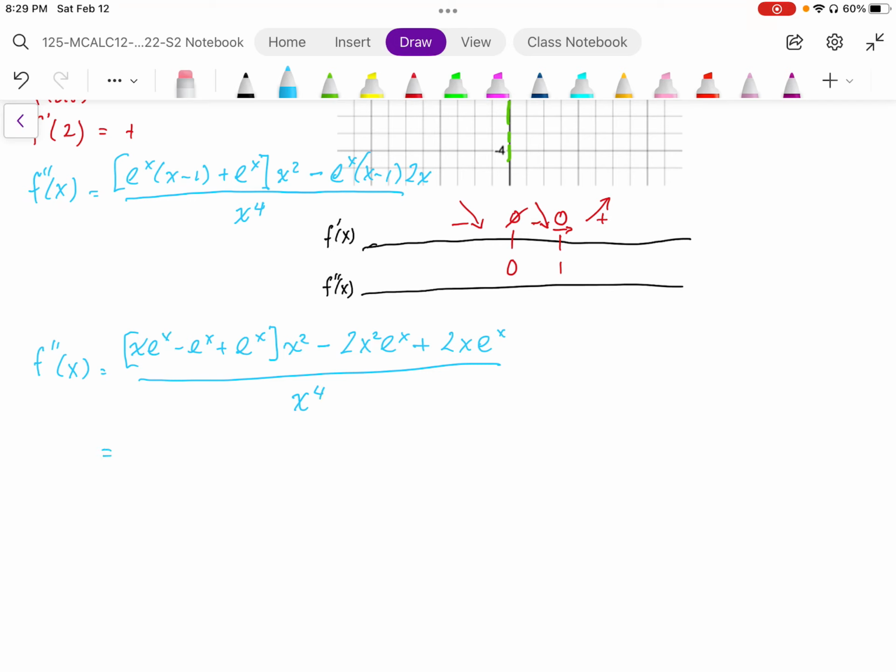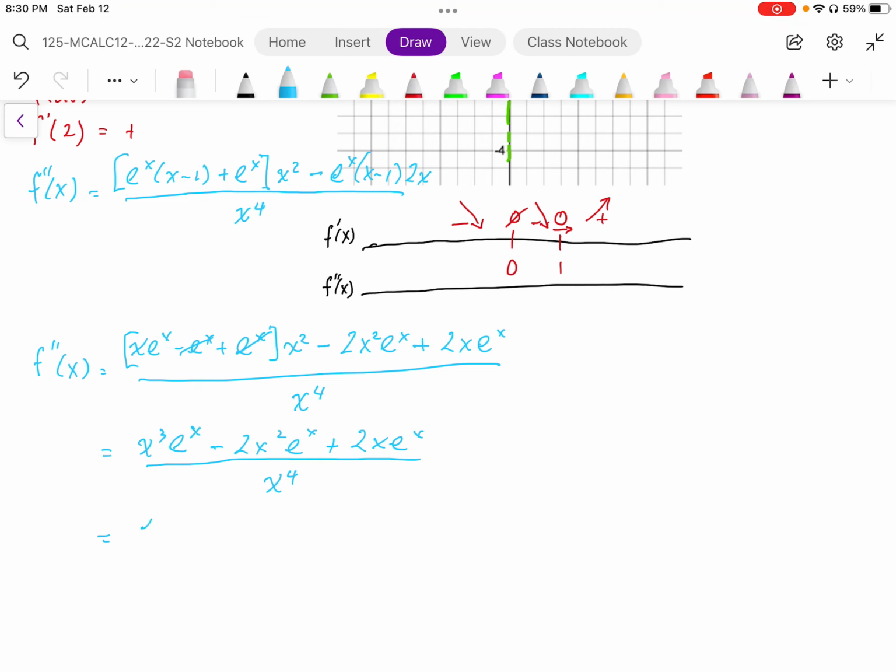Okay, so expanding that square bracket out, we end up with x cubed. These cancel out, so we end up with x cubed e to the x minus 2x squared e to the x plus 2x e to the x, and then we can cancel those common x terms and factor out the e to the x.